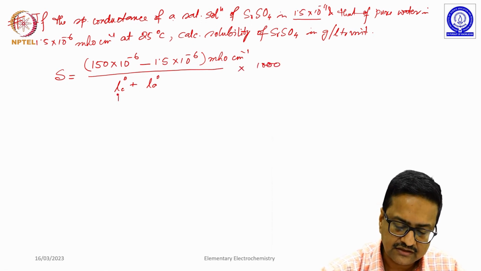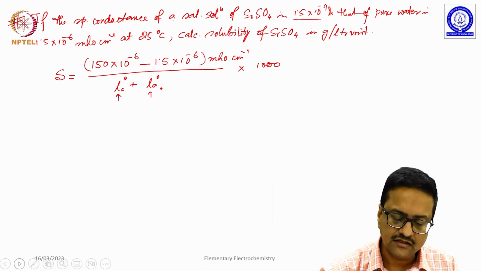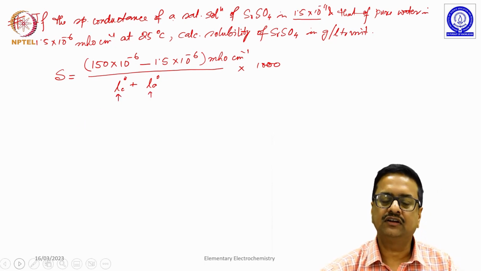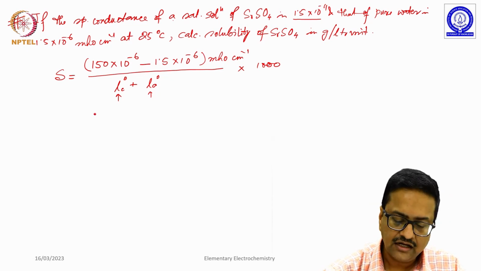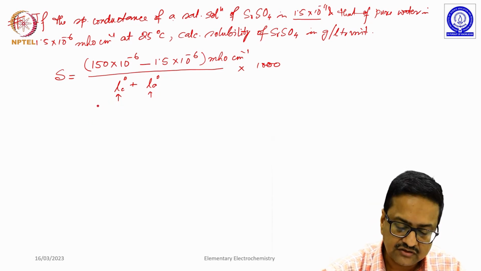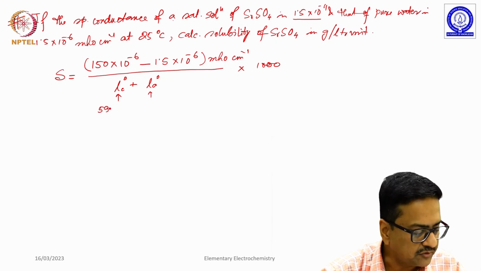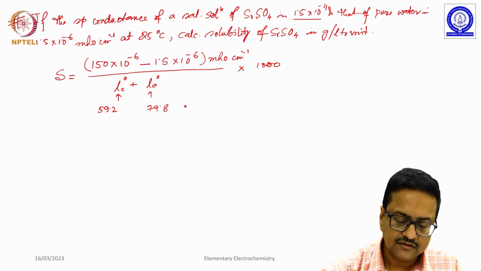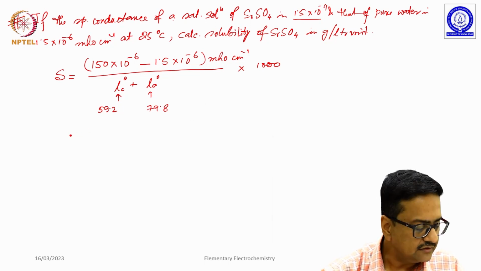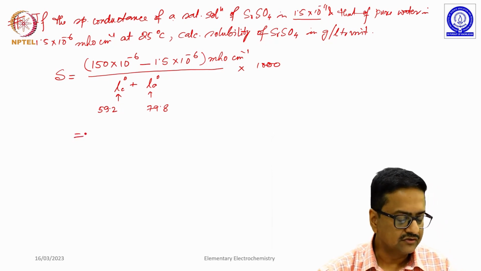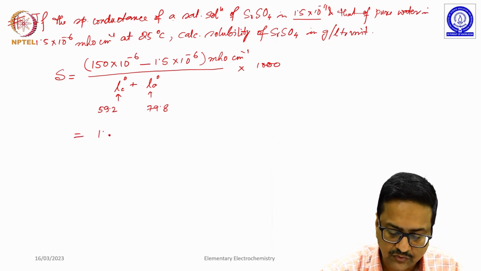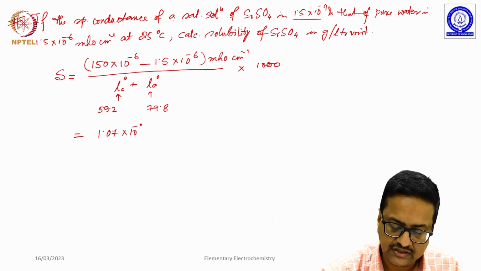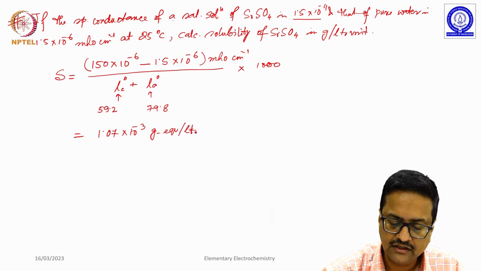So, now one has to find these values from the textbook in the table for the limiting ion conductances for strontium and sulfate, and when you find those values you would see that they are 59.2 and 79.8, and when you apply those values and do the calculation, you will end up getting 1.07 into 10 to the power minus 3 gram equivalent per liter.